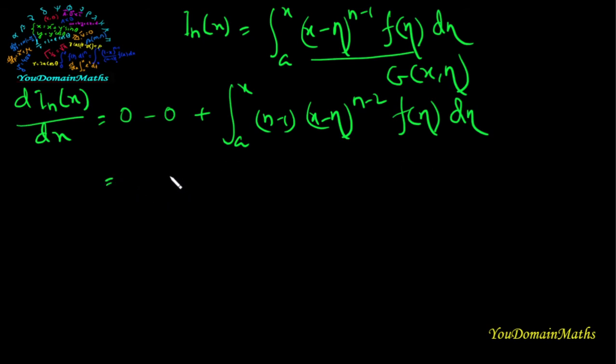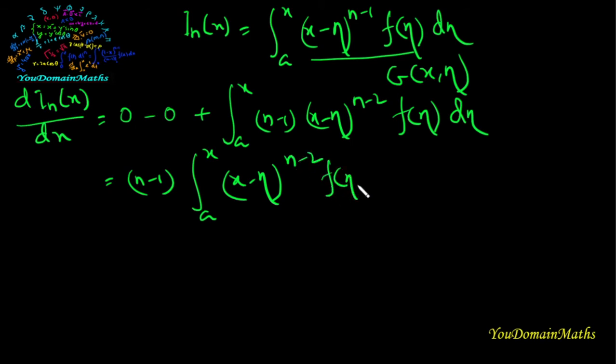So we arrange it as n minus 1 times the integral from a to x of (x minus eta) to the power n minus 2 f(eta) d eta.